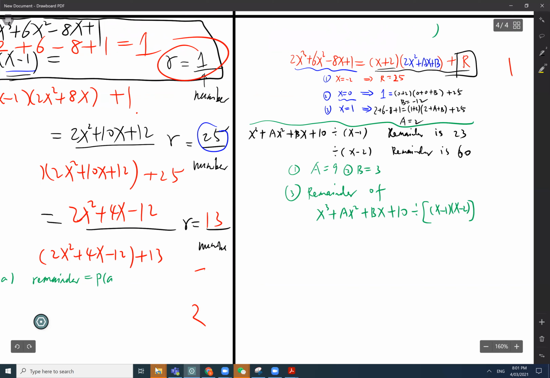Try this one. Remainder. Yeah, can I use any method? Yeah, any method.